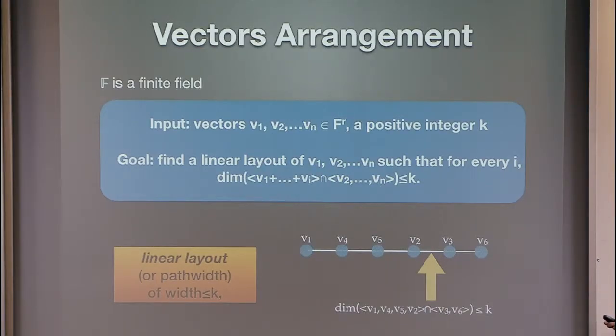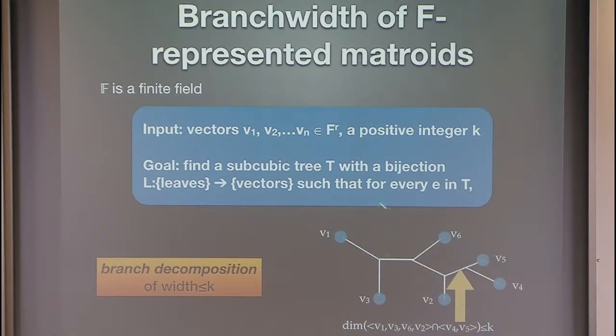has a small order. So again, more formally, we are given n vectors in this vector space over a finite field, and we want to find a subcubic tree, and we want to match the leaves with the given vectors in a bijective way, such that at every bipartition given by an edge of the tree, the order is small.